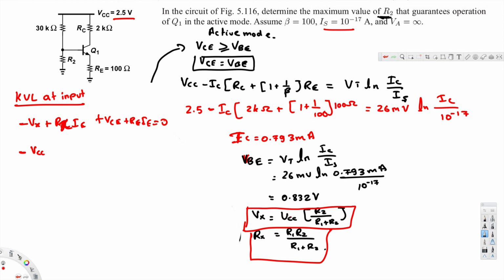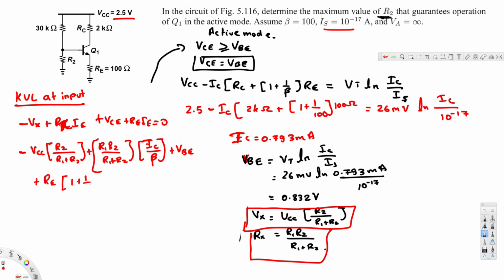VCC times R2 over R1 plus R2, plus R1 R2 over R1 plus R2 times IC over beta, plus VBE plus RE times 1 plus 1 over beta times IC is equal to 0.